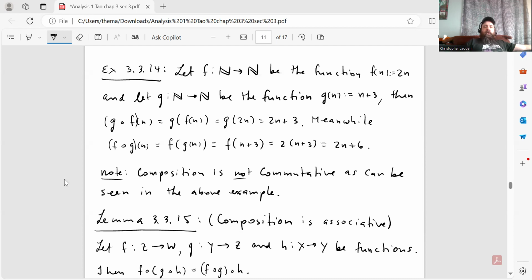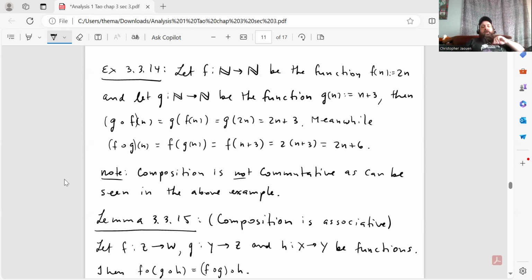Meanwhile, (f∘g)(n) equals f evaluated at g(n), which is f(n + 3), because g(n) is n + 3, equals 2(n + 3) by the definition of f. And then if you simplify that using the distributive law, that's equal to 2n + 6. All right, so just two examples of composition.